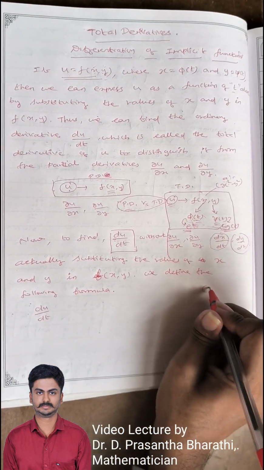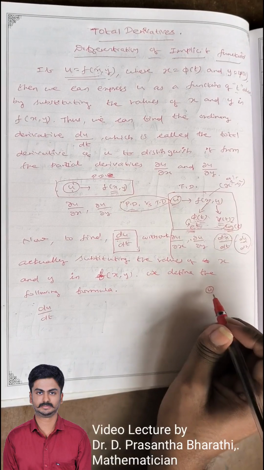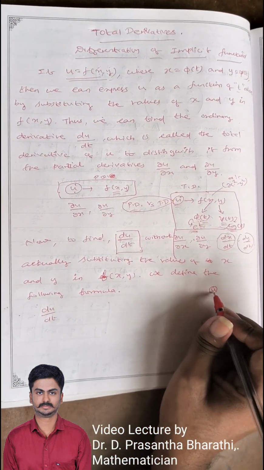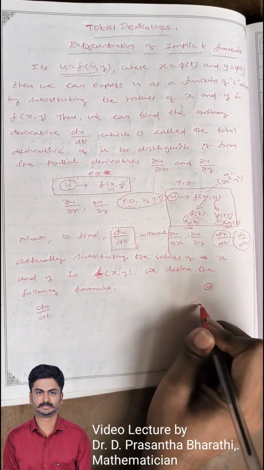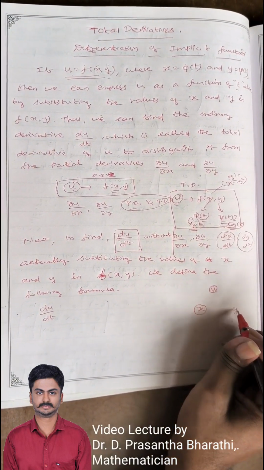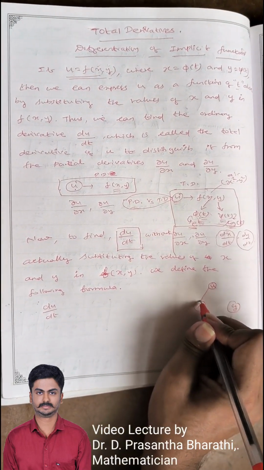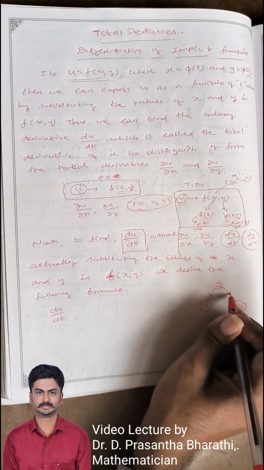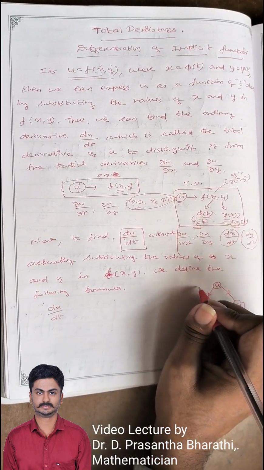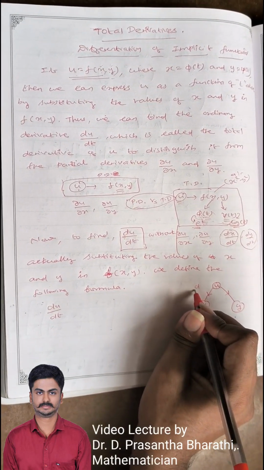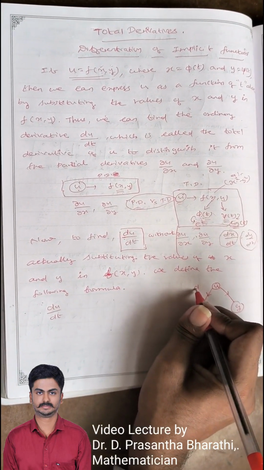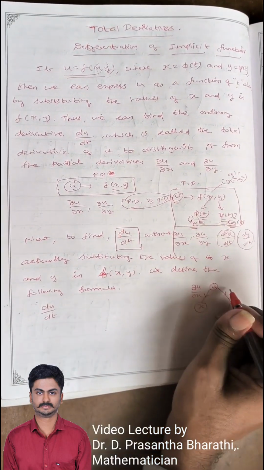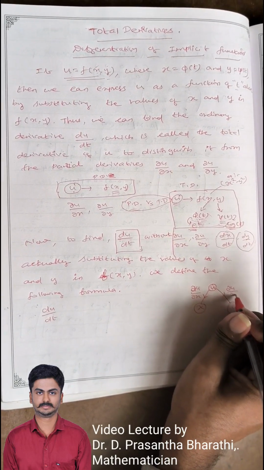Suppose first I am taking u for the partial derivative. I am defining this u as a function of two variables x and y. Since u is a function of two variables, it is not possible to use the ordinary differential operator d, so we use dou u by dou x and dou u by dou y.